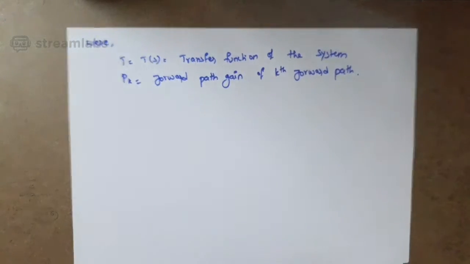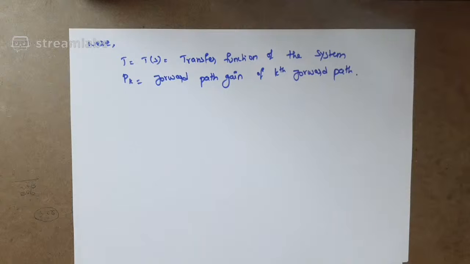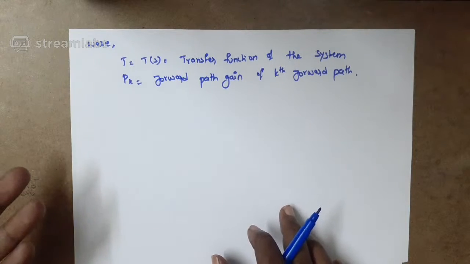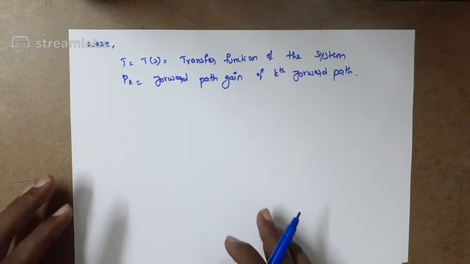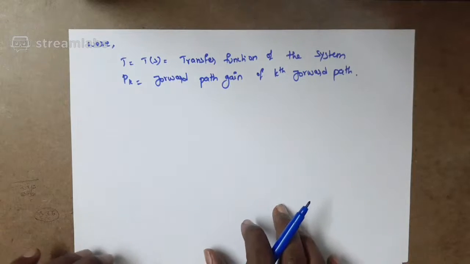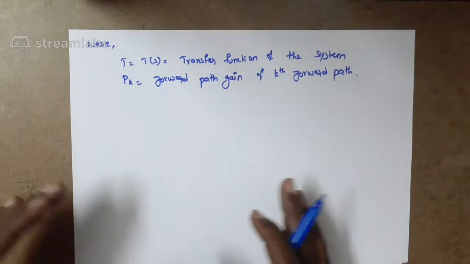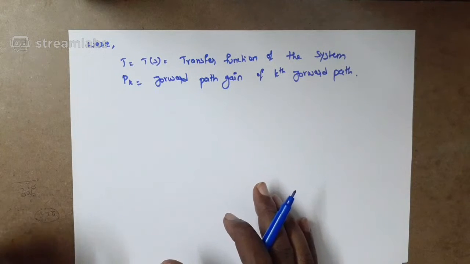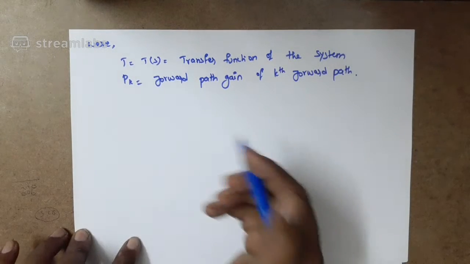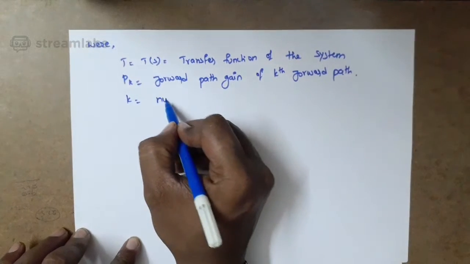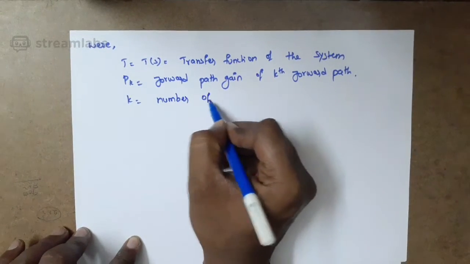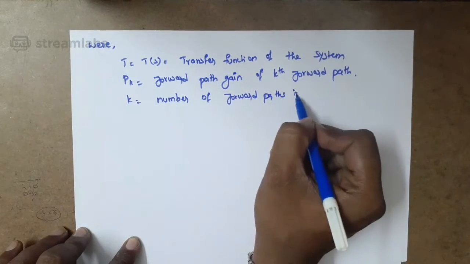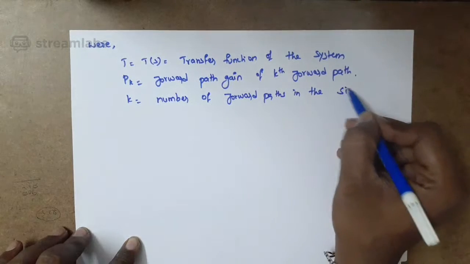We discussed these things in our previous video, like forward path gain, forward path, loop, closed path, open loop path. If you can't understand these terms, go and see the previous classes. K is the number of forward paths in the signal flow graph.